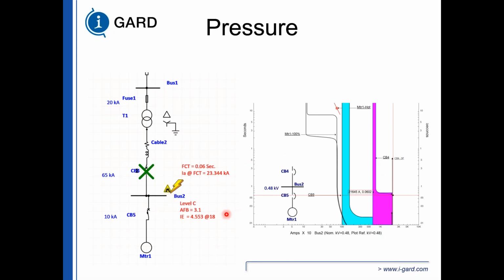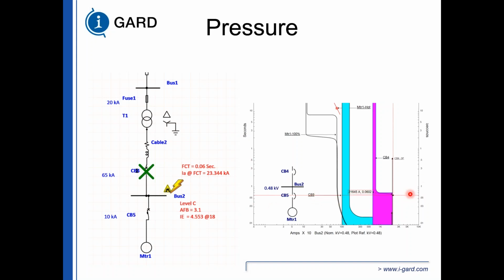So with the pressure relay, because of the 10 milliseconds to operate, if we put an arc flash on the bus, we're going to trip in 60 milliseconds. So obviously these are 3-cycle breakers. 60 milliseconds because you have 10 milliseconds to detect the presence of the fault and 50 milliseconds to open up the fault.